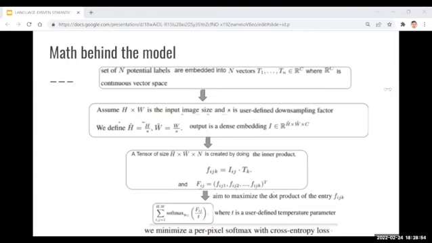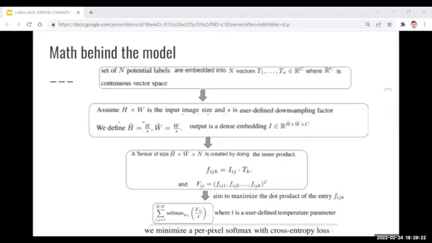Then there is an image of size H into W, and s is a downsampling factor. We divide H and W by the downsampling factor, and this is fed into the image encoder.